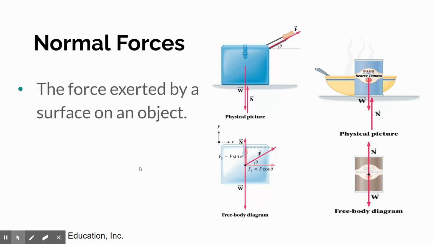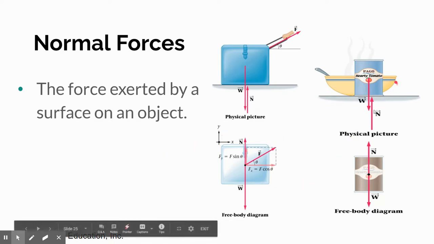Normal forces are the forces exerted by a surface on an object. So not two objects in contact, but the surface. It's the force that the surface exerts on an object. You see the table is exerting the normal force on the can, on this cooler, whatever that is. Oh, that's the cooler as well.